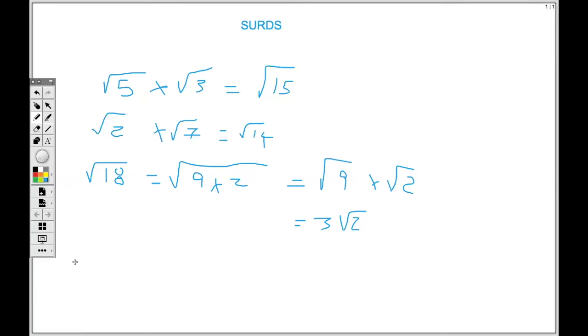So if I have root 63, it's the same thing as root 9 times 7, and this is root 9 times root 7, and the square root of 9 is 3, so this is 3 root 7.